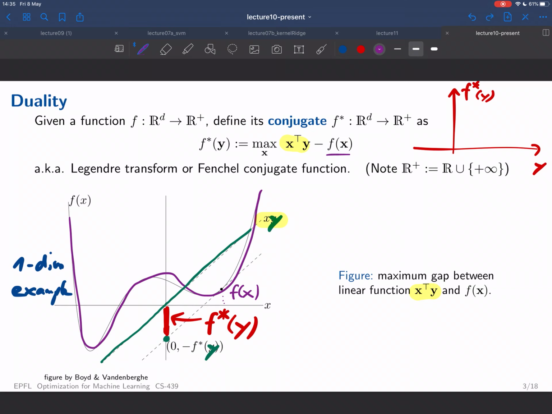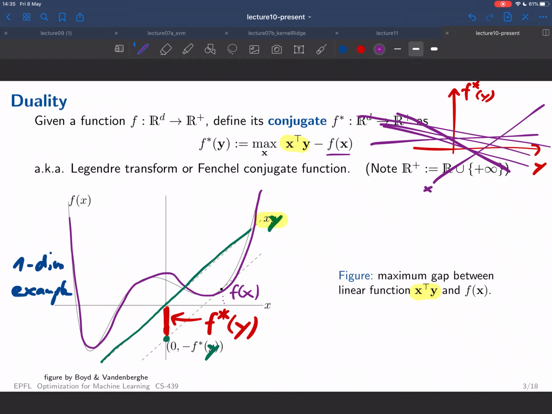The only thing depending on y is this x times y, the linear term. So you basically have a lot of linear functions, and then f star of y is defined to be the maximum of all of those.